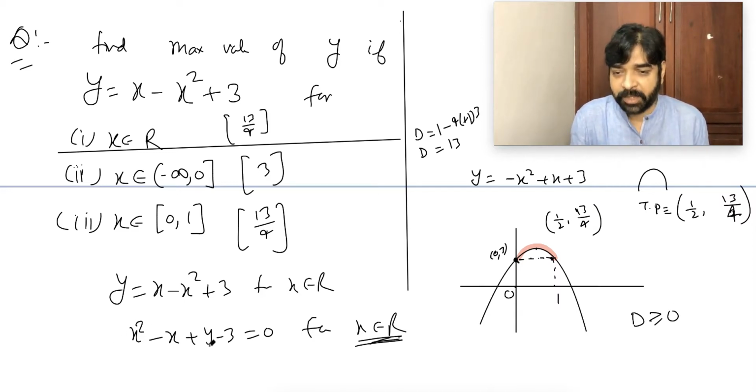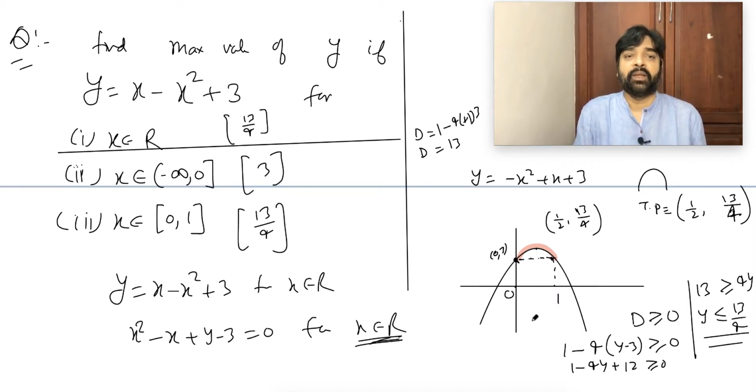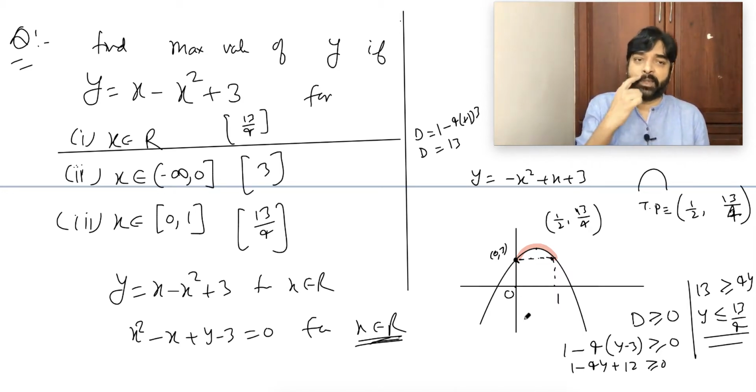So b square 1 minus 4ac, 4 times y minus 3, must be greater than or equal to 0. So we get 1 minus 4y plus 12 greater than or equal to 0, or 13 must be greater than or equal to 4y, or y less than or equal to 13 by 4. The maximum value of y will be 13 by 4.